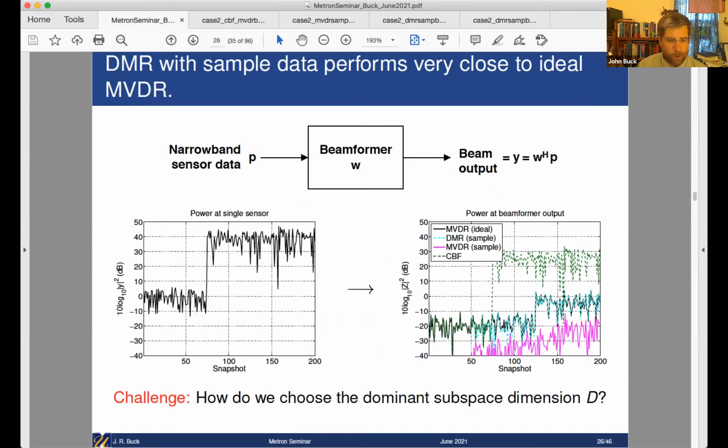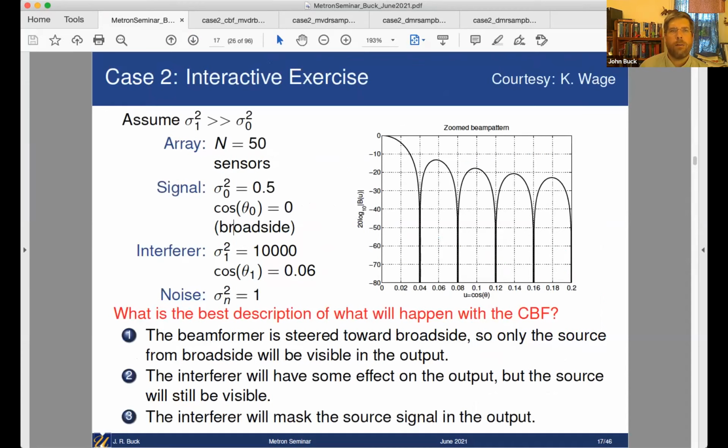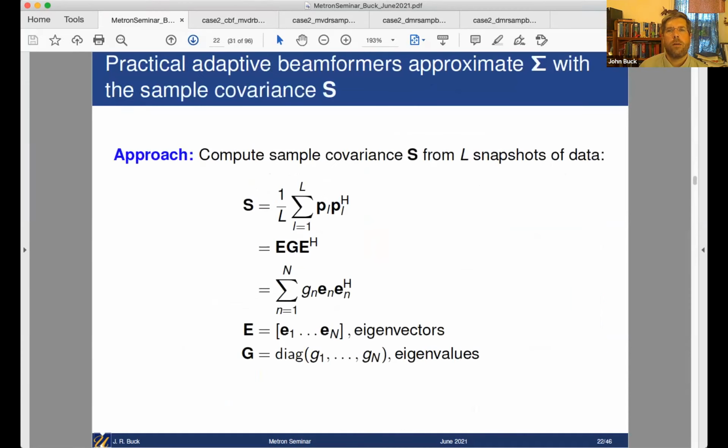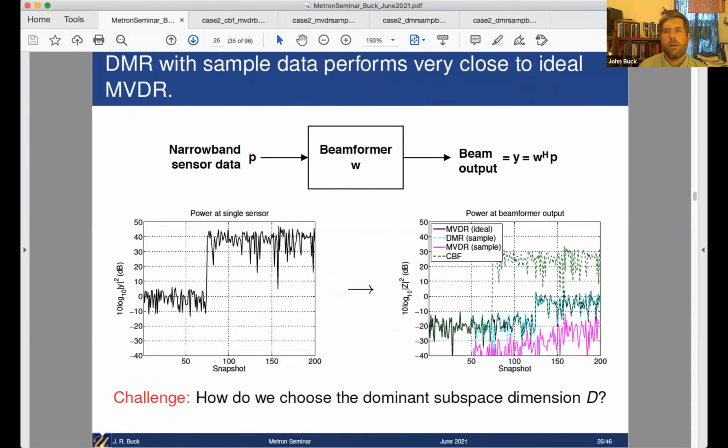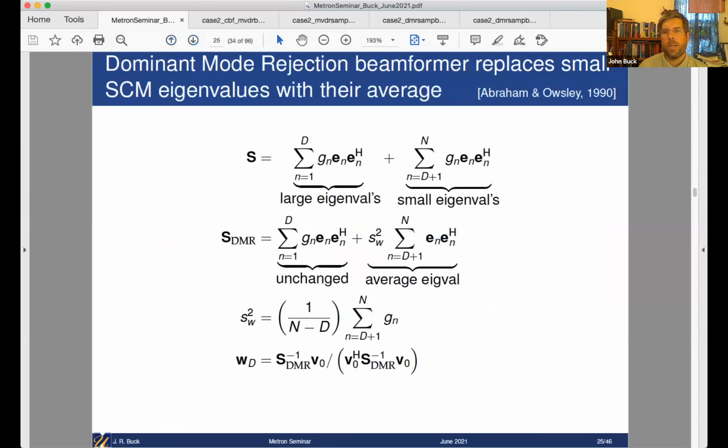And for those of you who have been very patiently waiting, now we're getting to the machine learning part of it. We have essentially a model order selection problem, which is how do we decide where to segment this sum? How do we decide this D? Effectively it's saying, I need to know how many interferers are present that you want me to cancel out.